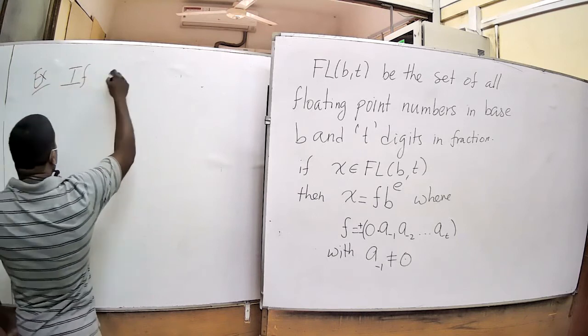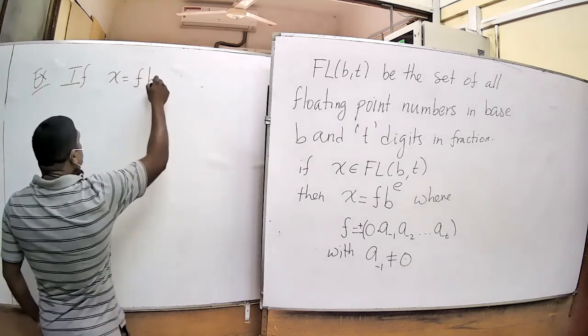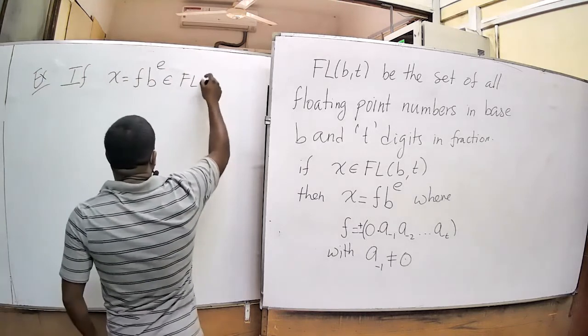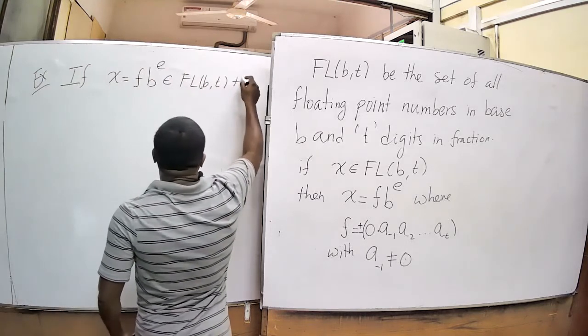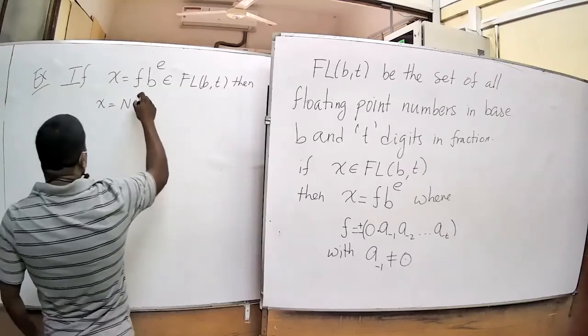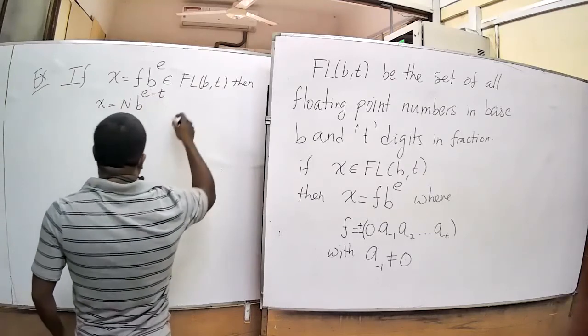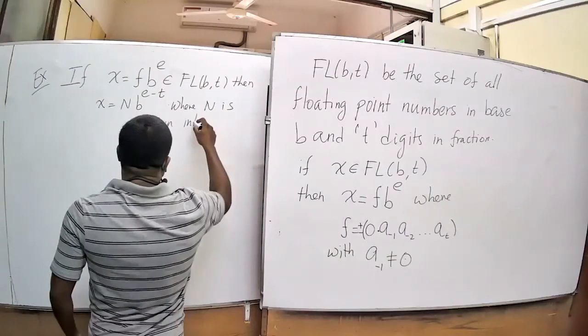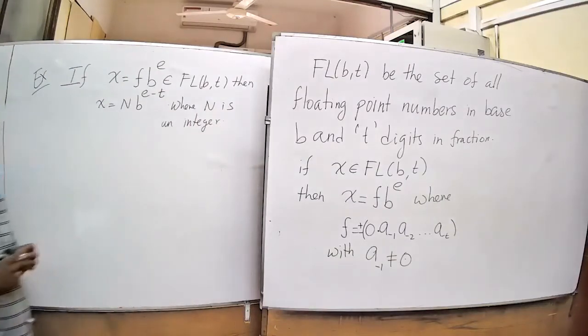So if x is equal to f times b to the power e being a floating point number, then we can see that x is equal to n times b to the power e.